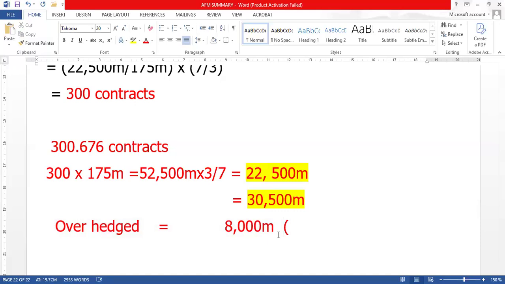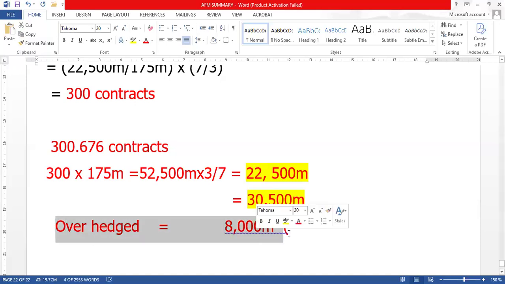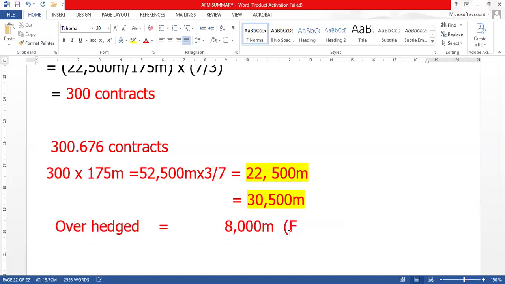Now, this difference here, the examiner can say that you hedge this using futures contract, rather than using forward contract. And if you use forward contract, you get that 8,000 million times, of course, you look at the futures contract.